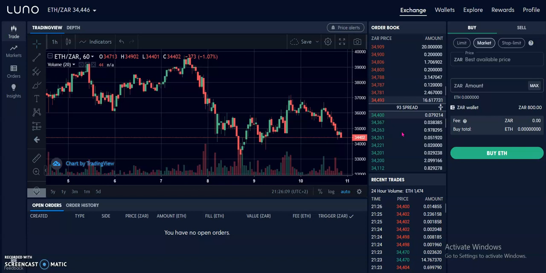Let's go ahead and do a market order. The market order is pretty instant. We're going to do a small amount. I'm not sure if it's going to allow me to do a small amount, but let's try 50 rand.